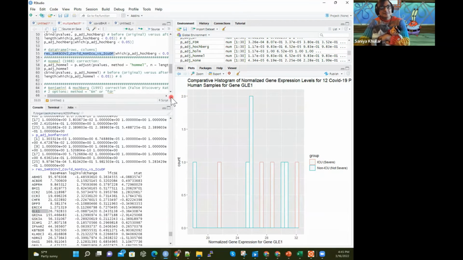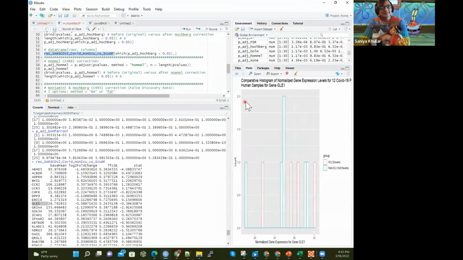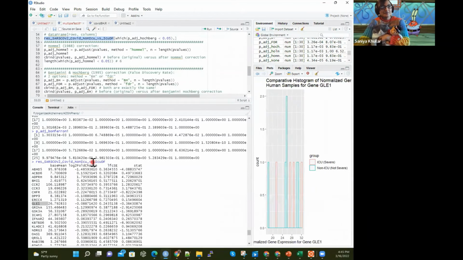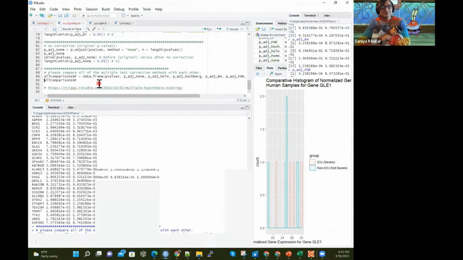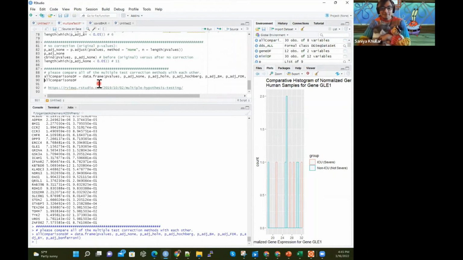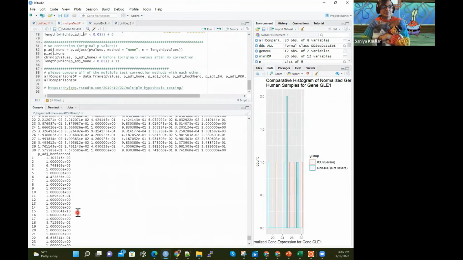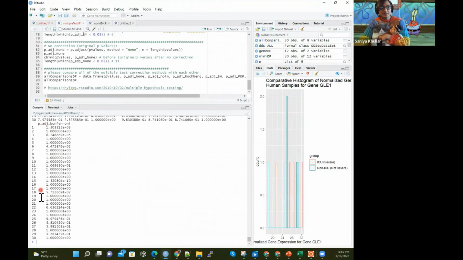It's just a continuation of the same. I just wanted to show that to you. But now we've seen all of these, and I'm just going to stitch them together into this data frame. So this is the all comparisons data frame, for all 30 of these p-values, all corresponding to each of the 30 genes that we were looking at.